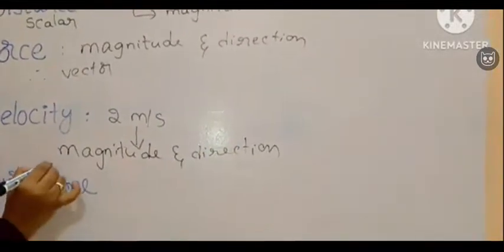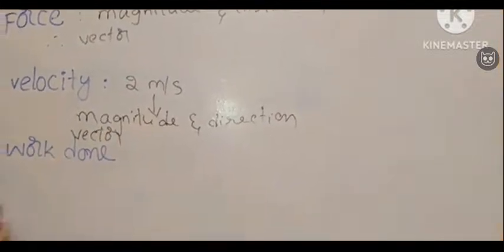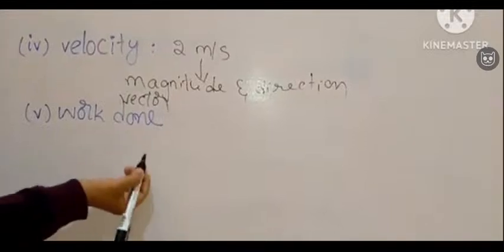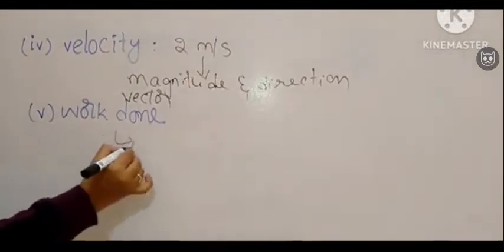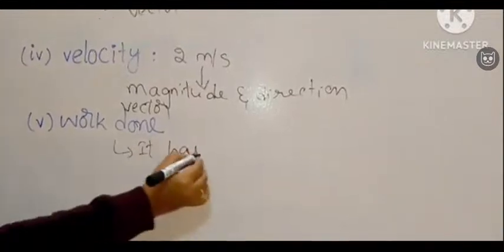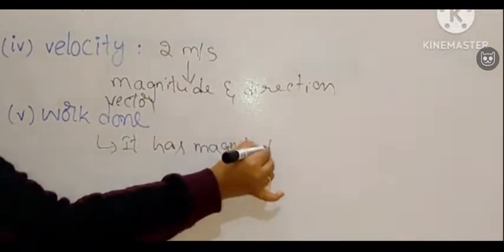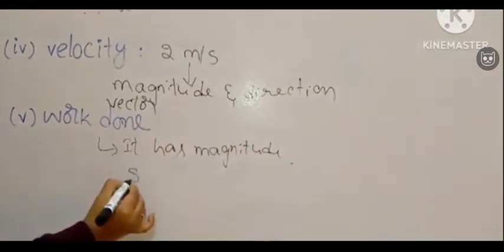Velocity is a vector. Coming to the last one, work done. Work done has only magnitude. There is no direction. So work done is scalar.